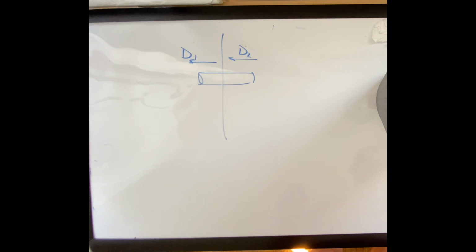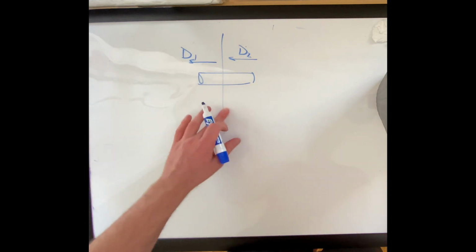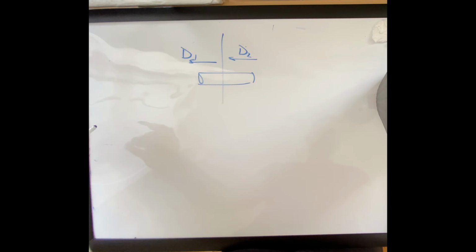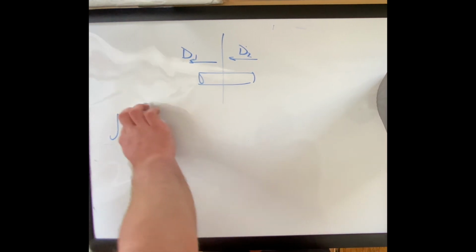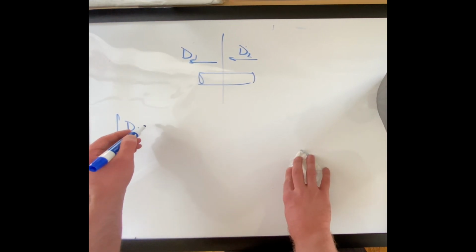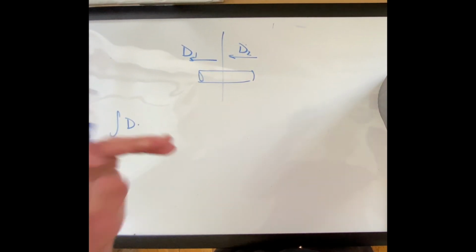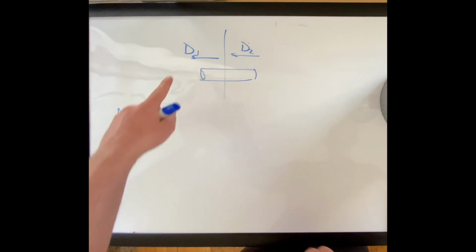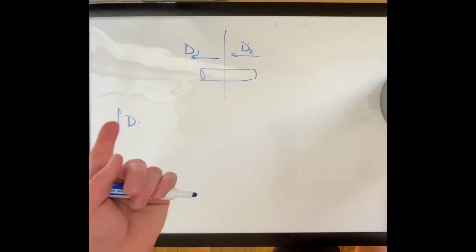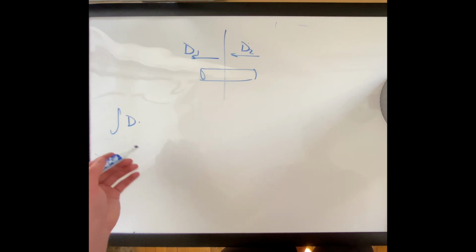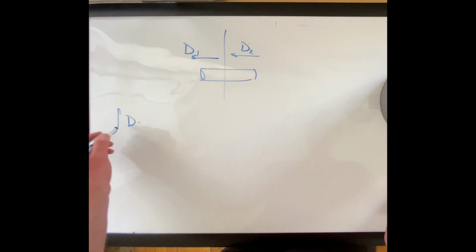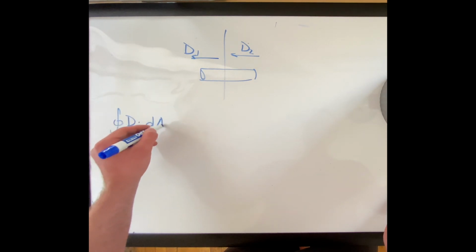And so if we use Maxwell's equation, this is why I want to use D, because I want to say D dot dA equals Q enclosed. You'll see why in a second, why I'm using D. It's actually the same reason as why I used H in the other one, I just wasn't explicit about it.